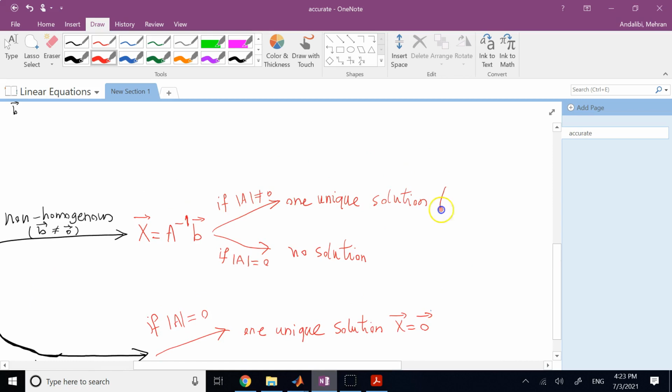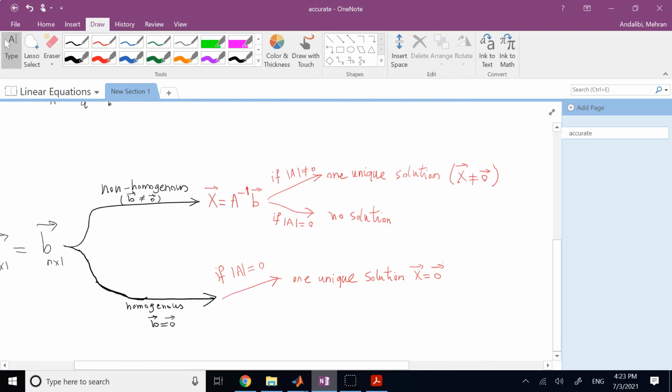Here, not necessarily, okay? So here, not all of the x components are 0, because the right-hand side is not all 0. Now, if in this case the determinant is 0, and the right-hand side is all 0, then you can show that this one has infinitely many solutions.